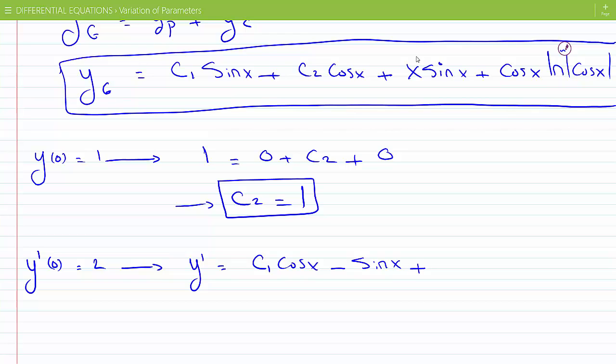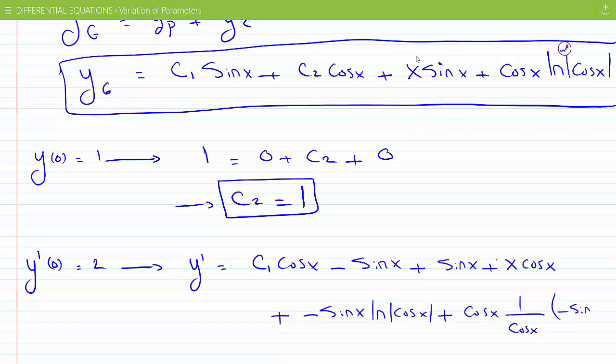plus product rule on x sine x, so it will be 1 times sine x plus x times cosine x, the first as is times the derivative of the second, plus product rule on cosine x ln cosine x, so minus sine x ln cosine x plus cosine x times the derivative of ln cosine x, which is 1 over cosine x times minus sine x.